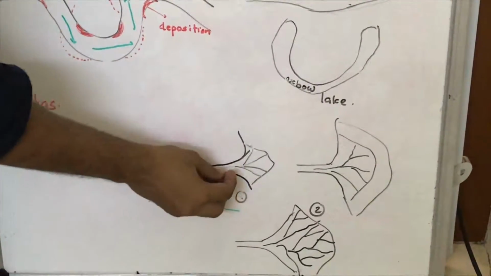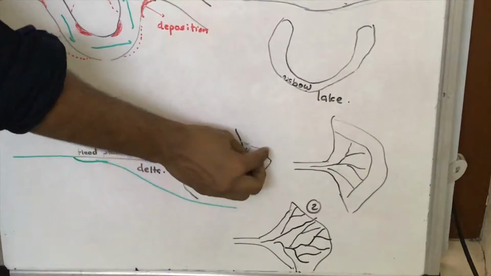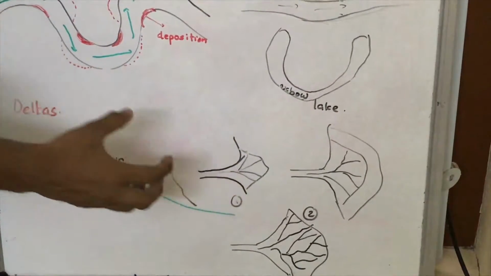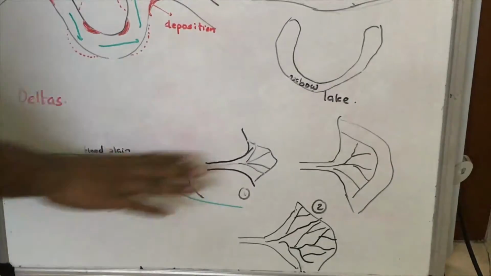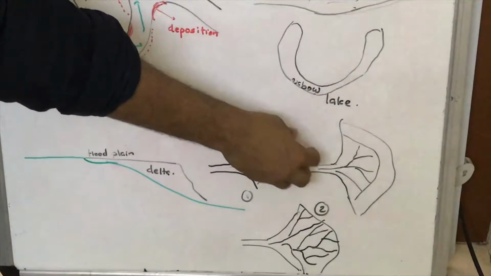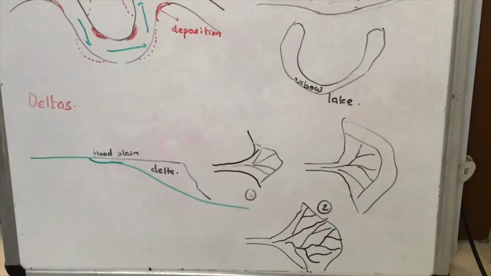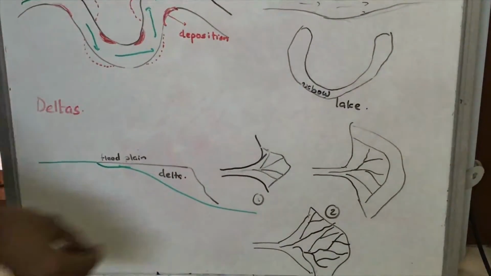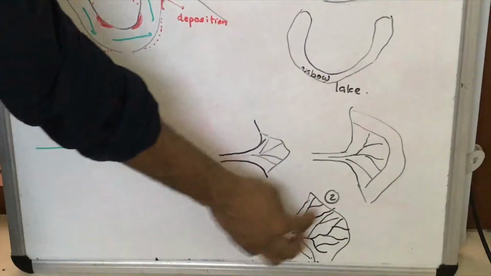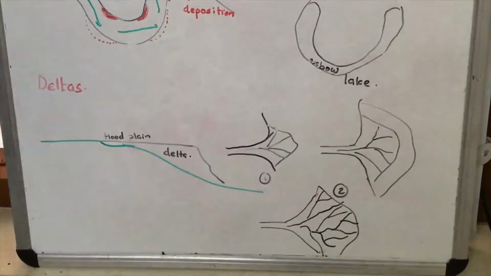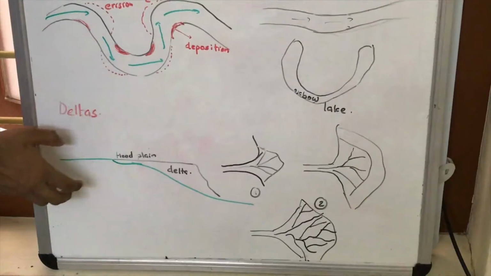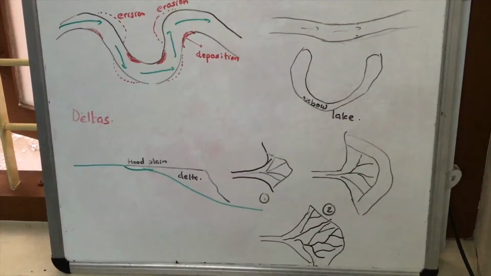This is the sea part, and some part of the silt will be accumulating in this river. But because of this accumulation, the river may not be able to enter the sea easily, so it forms distributaries. By formation of the distributaries, several fan-like structures are formed, and now the river is able to enter the sea. So distributaries and deltas are one of the main features that can be seen in this lower plain.